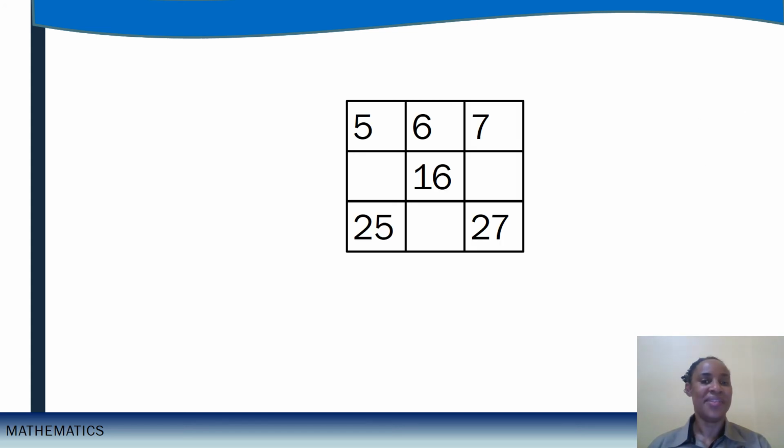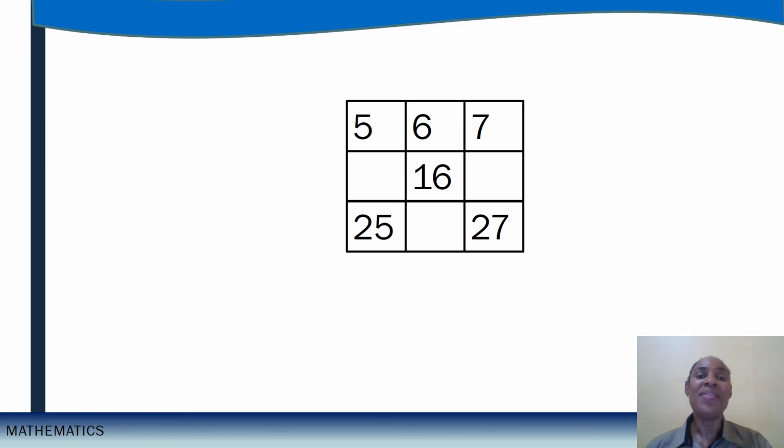Boys and girls, here is your next task. Here we also have a section that was cut from a 100 chart. Some numbers are missing. Can you tell me what the missing numbers are? Are you ready with your answer, boys and girls? Great going!